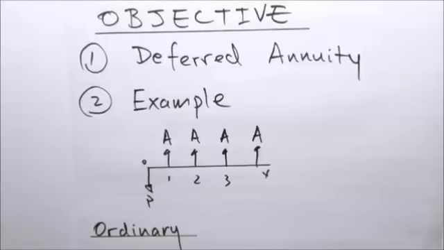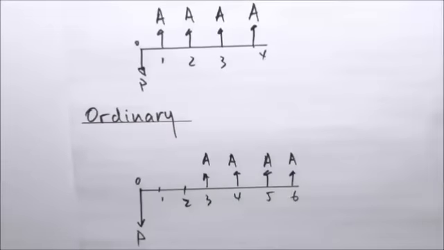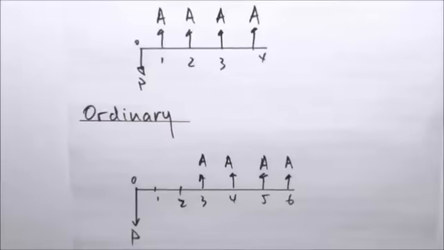If that is the case, we can just use the equation that I went through in the last 2-3 videos. But a deferred annuity is a situation where the cash flow looks something like this, where the first annuity payment is not until several periods later.